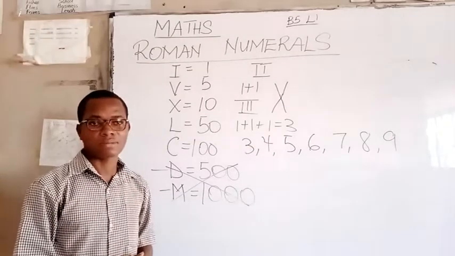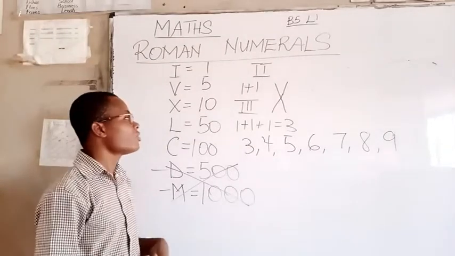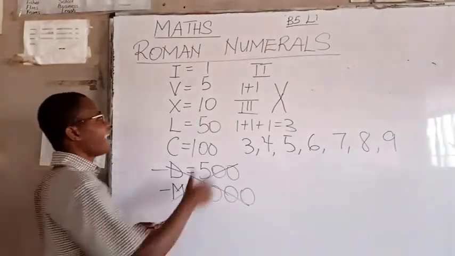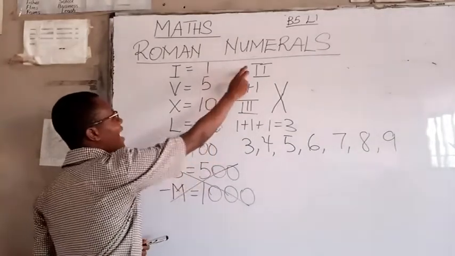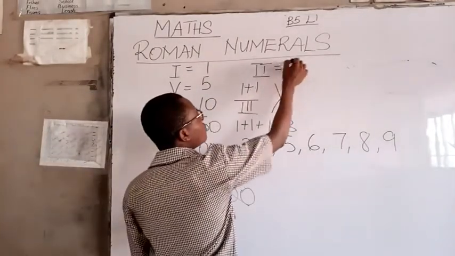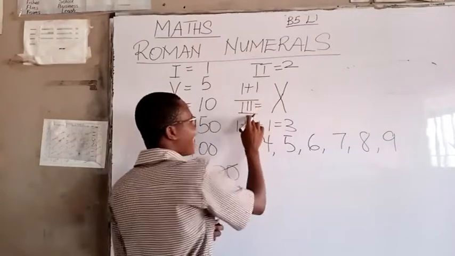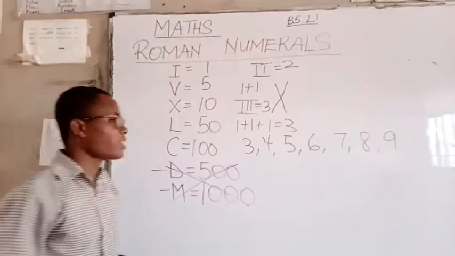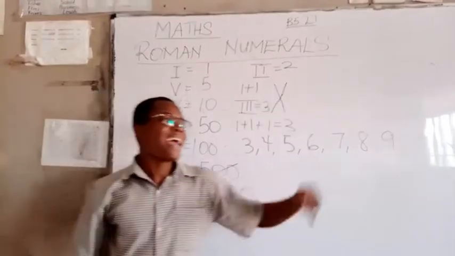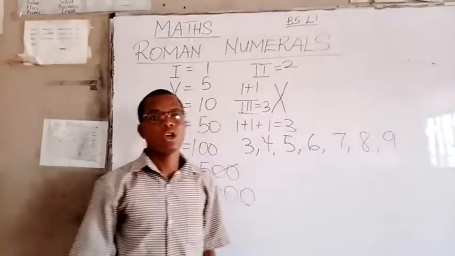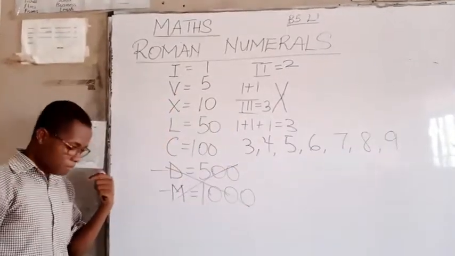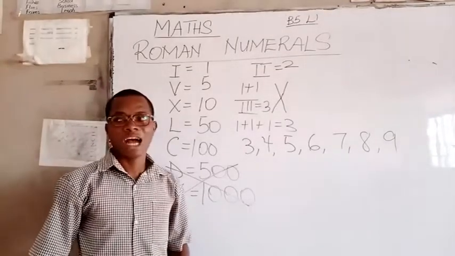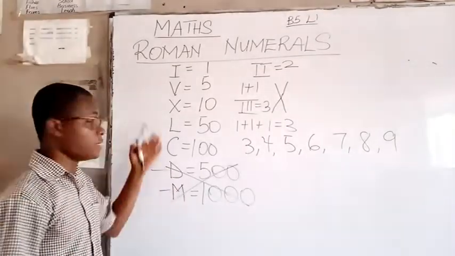It's not allowed in the Roman numerals. So I represents 1, II represents 2, III represents 3. So 4, you can't say IIII. The next symbol available is V.